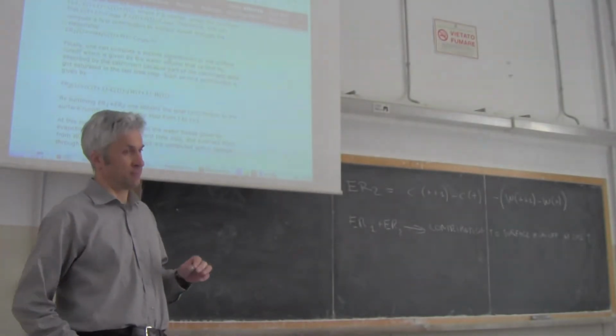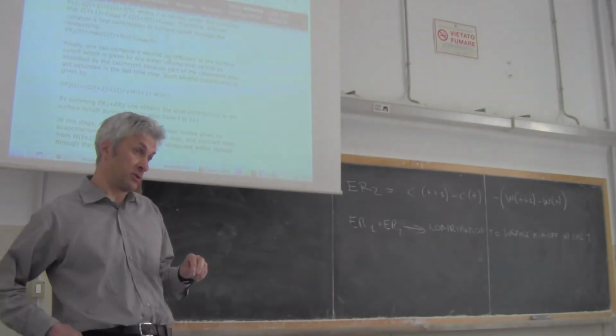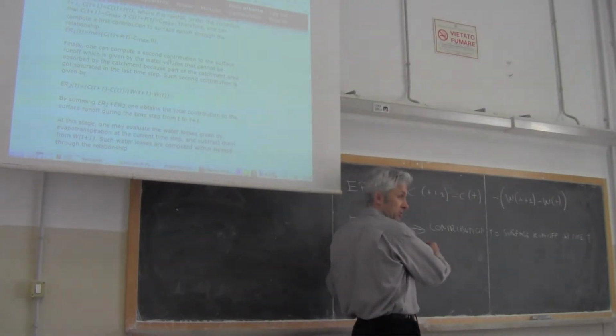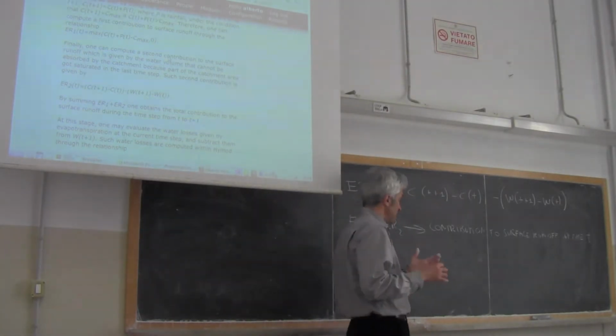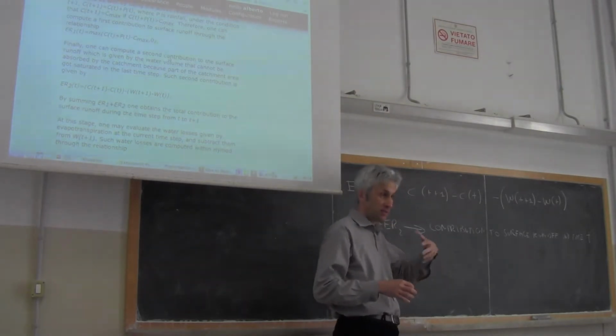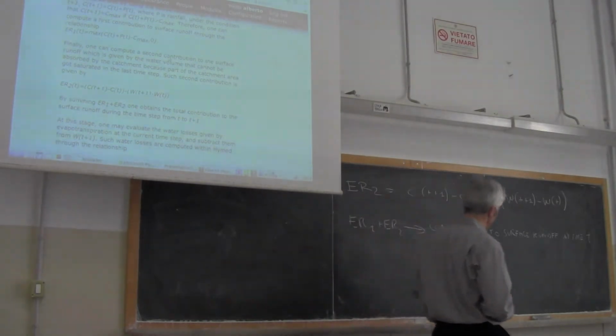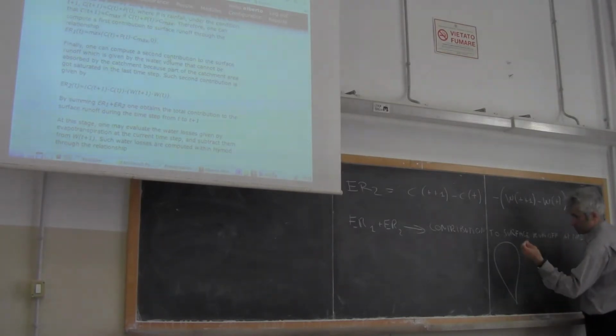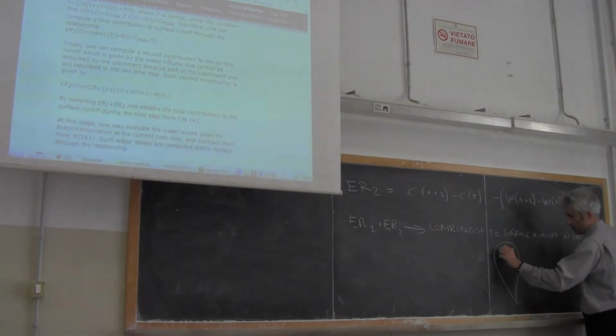Okay, now an additional concept introduced by the model. So you compute this ER1 plus ER2. What is the sum? It's the sum of the water that comes from several locations into the catchment. So the water may come from here, from here, from here, and from here, and from here.